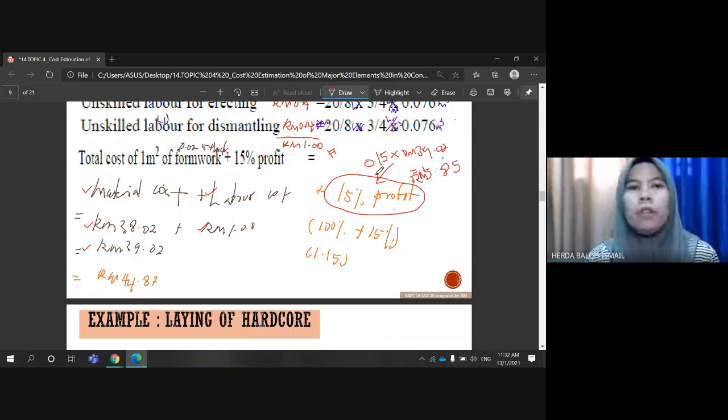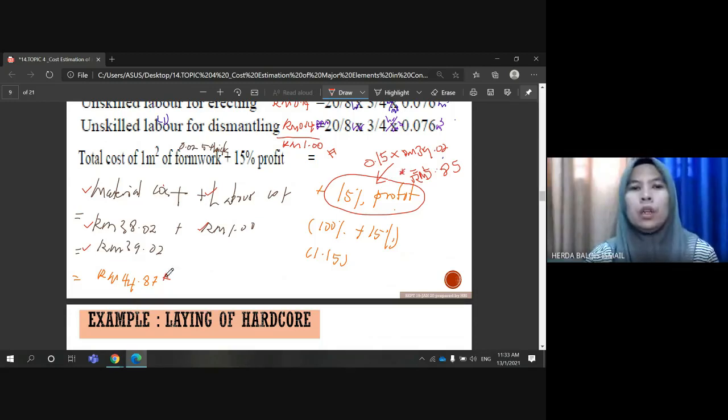But if the question asks for the cost inclusive of profit, you need to total up the cost and also the profit.